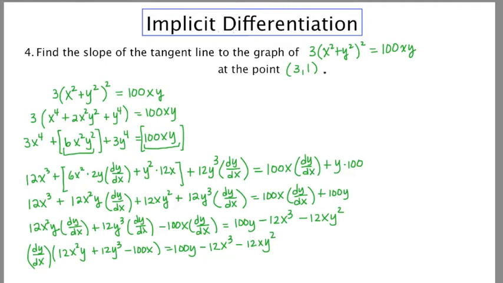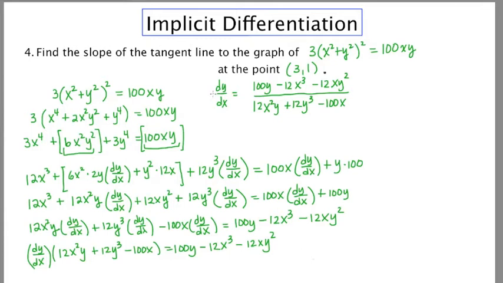Now I'm running out of room, so I'm going to come up here. dy/dx is equal to 100y minus 12x cubed minus 12xy squared, all of this over 12x squared y plus 12y cubed minus 100x. So there's the derivative.